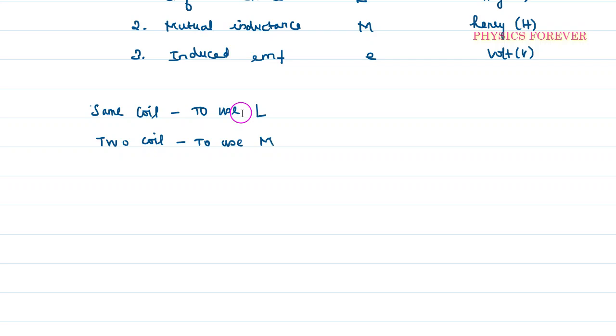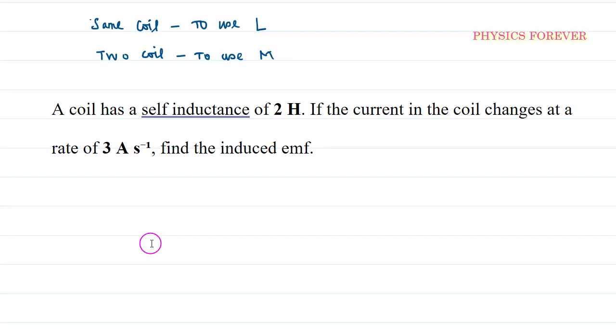Next we move on to the problem part. This is one of the problems, for example on self inductance. A coil has a self inductance of 2H. If the current in the coil changes at a rate of 3 amps per second, find the induced EMF.